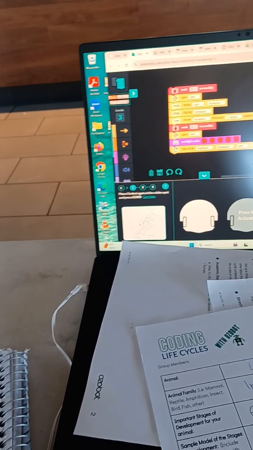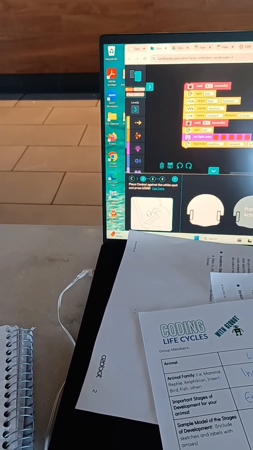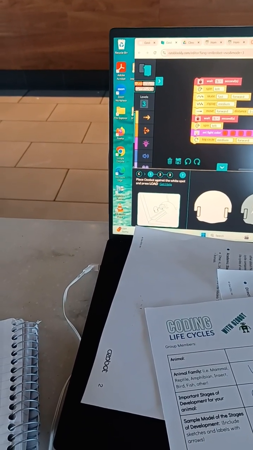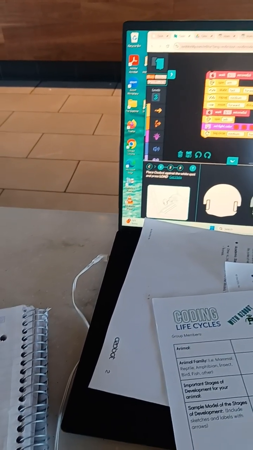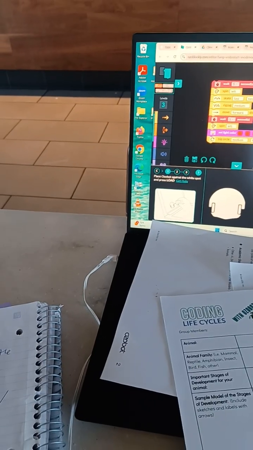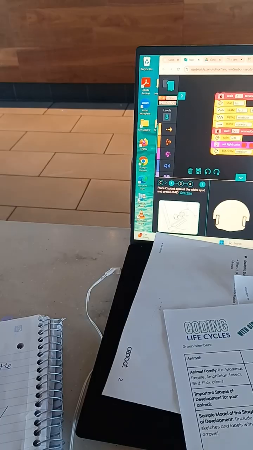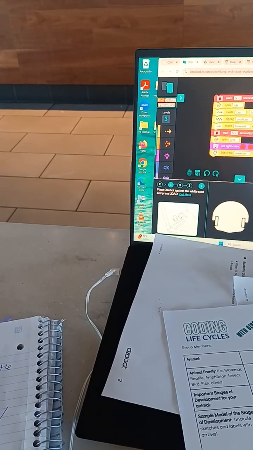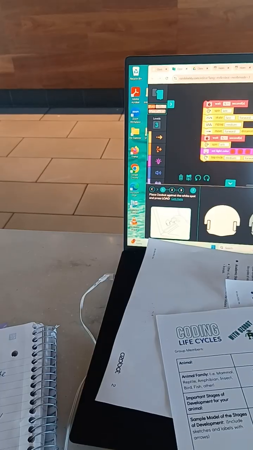If we chose insects, a student could choose the type of insect, but the life cycle would be the same: egg, larva, cocoon, and then adult. Or if we did mammals, it would be the mom's pregnant, then there's a cub or a fawn or a puppy, and then it becomes an adult.